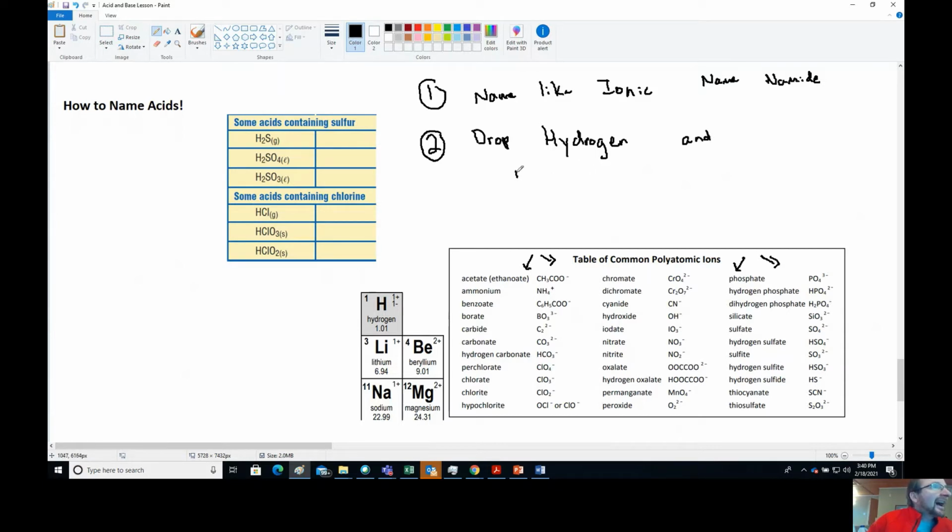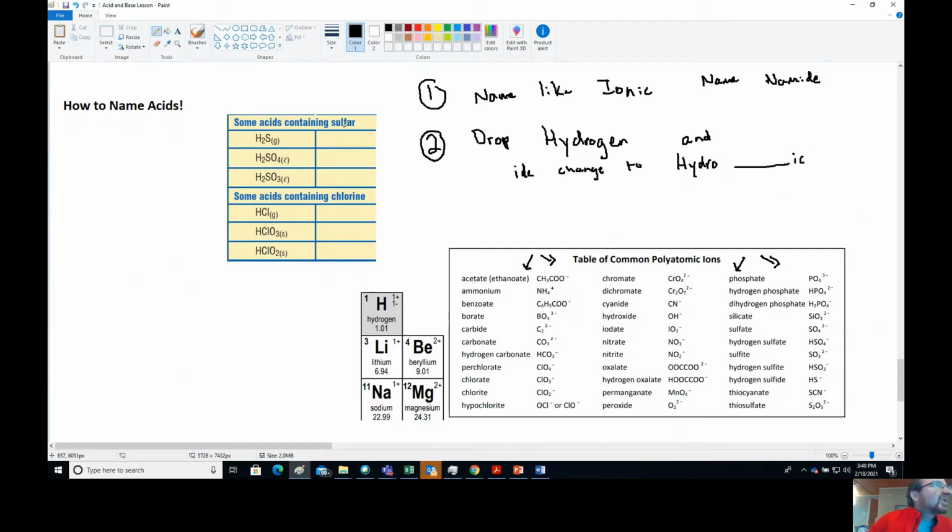If it ends in ide, and again, that name's going to come somewhere down here, I know you're doing your Where's Waldo. If the name ends in ide, we're going to change, and you're only going to want to write these notes down, right? We're writing them down together. You want to change to hydro. So we do say hydro. Hydro blank ic.